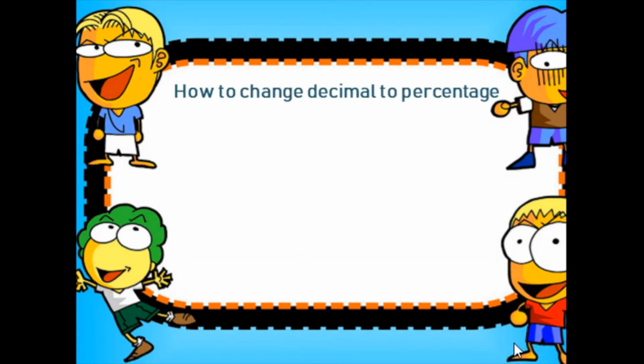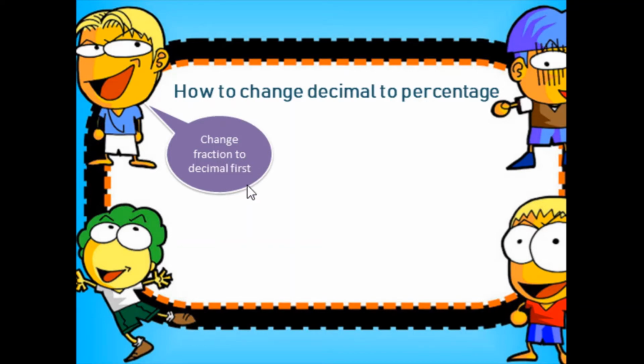Last time, we studied how to change decimal to percentage. How were we able to change decimal forms to percentage? By following different steps. First, you change fractions to decimal.